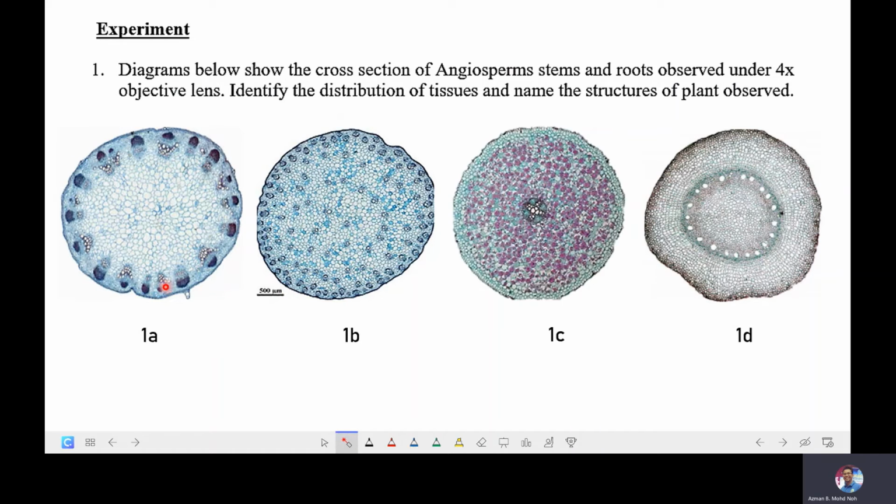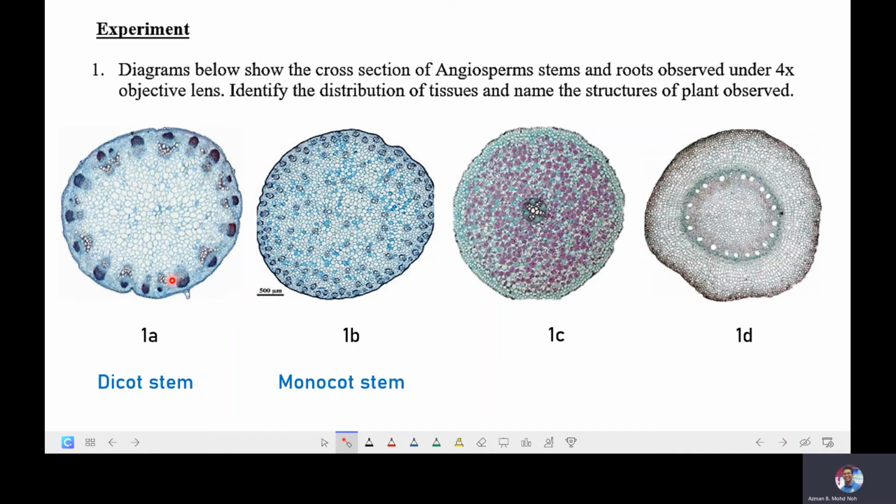For diagram 1A, this should be the dicot stem. Meanwhile, diagram 1B will be referring to the monocot stem. So basically, how can we differentiate between these two? It will be the vascular bundles.